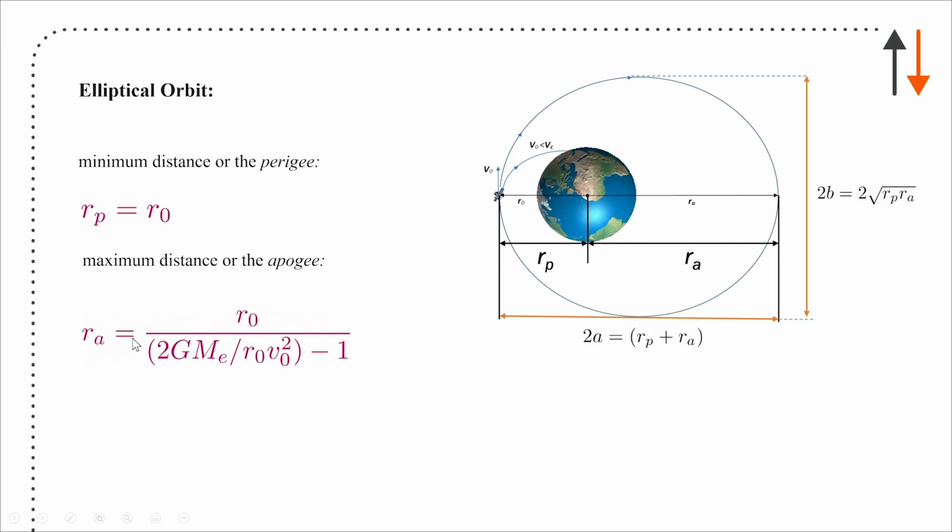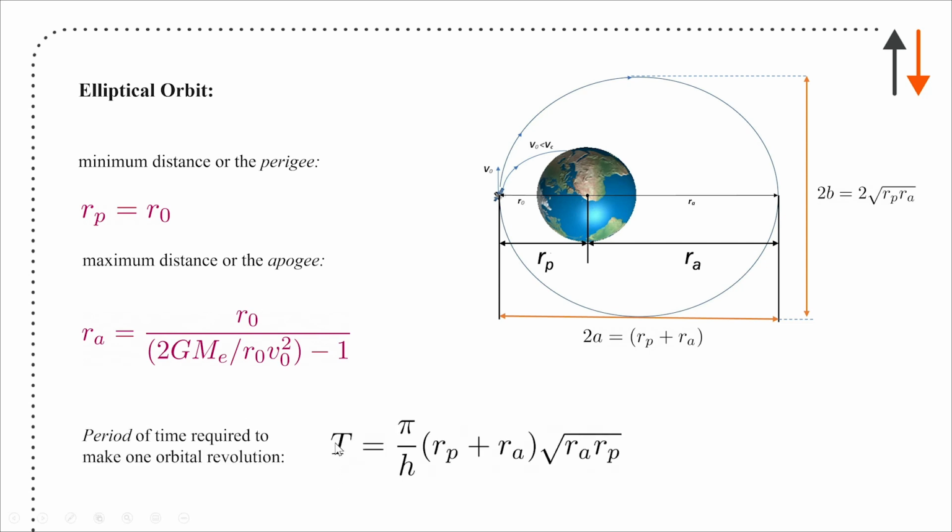So now I can basically tell exactly what this orbit is, because I can calculate A and B, or the bigger axis of the elliptical motion and the smaller axis. In addition, the period of time required to make one orbital revolution can be calculated using this equation as well, and it can be useful for solving some problems.